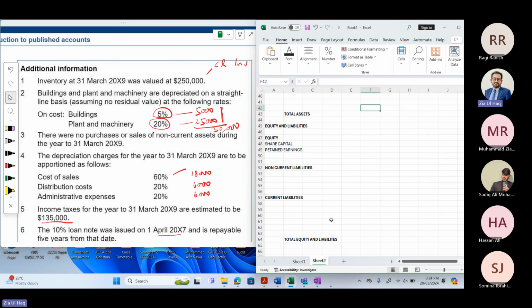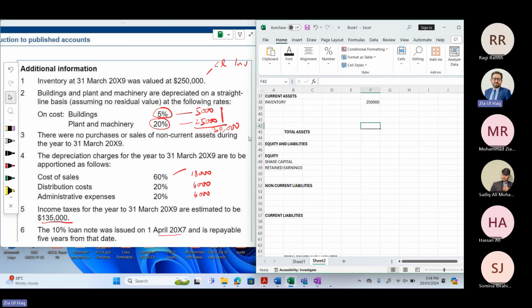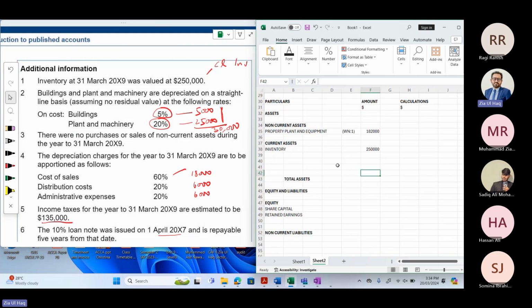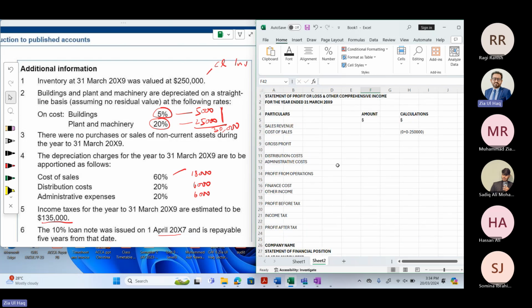This means the depreciation we have calculated is 30,000. So 60% should be charged to cost of sale. So this was cost of sale. This means we need to add here 60%, which means 18,000.